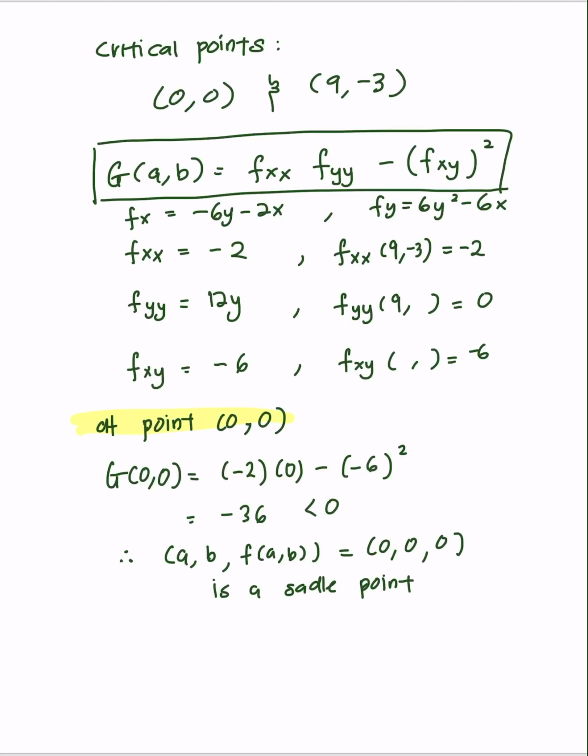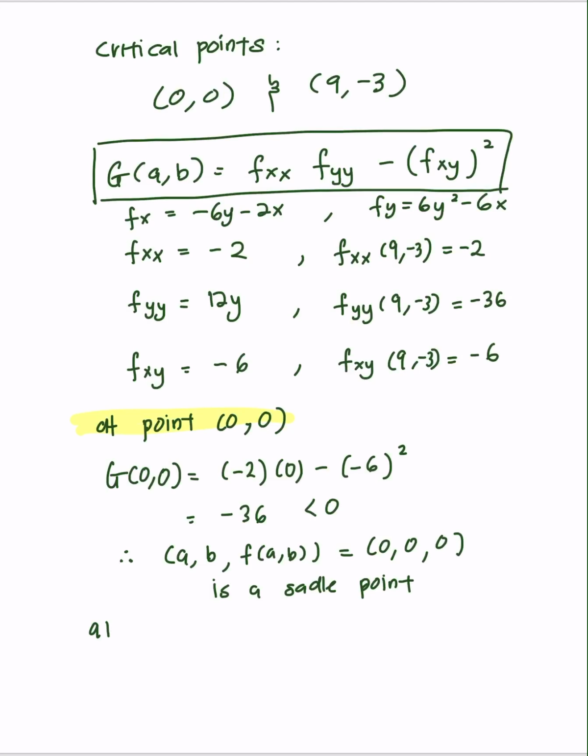For fyy at (9, -3), 12 multiplied by minus 3, so we obtain negative 36. For fxy at (9, -3) it remains minus 6.